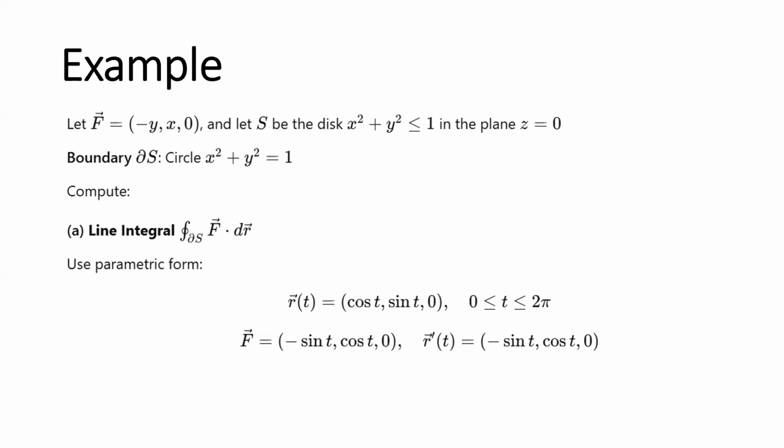So we compute the line integral of F dot dr. We can write r as (cos t, sin t), where t varies from 0 to 2 pi.